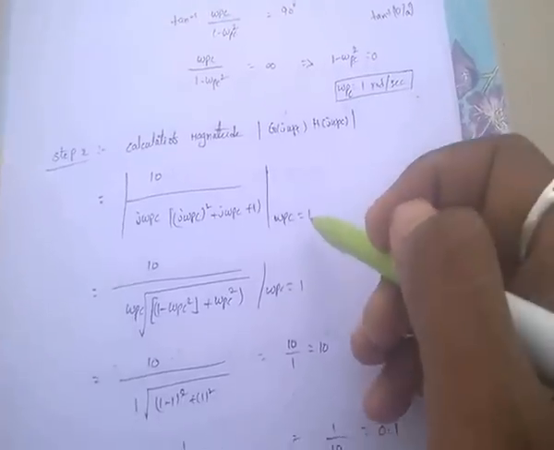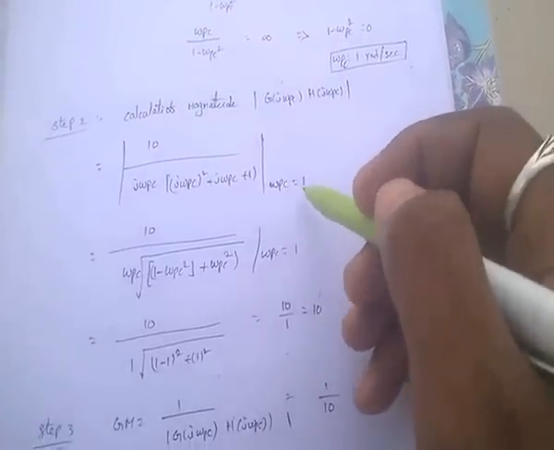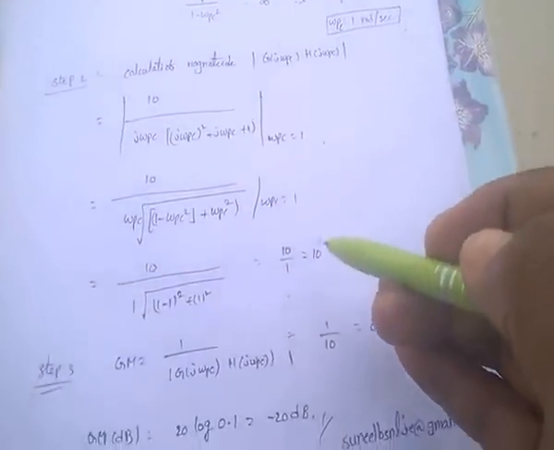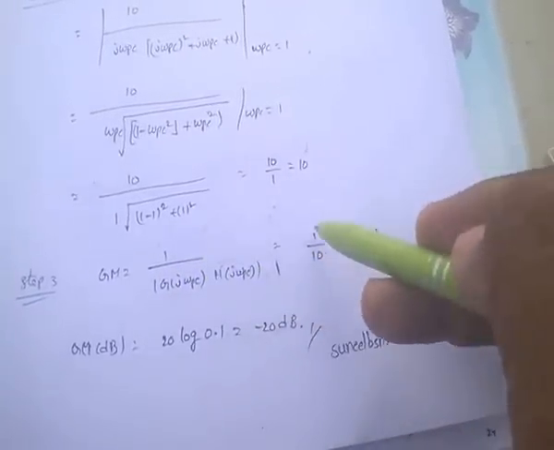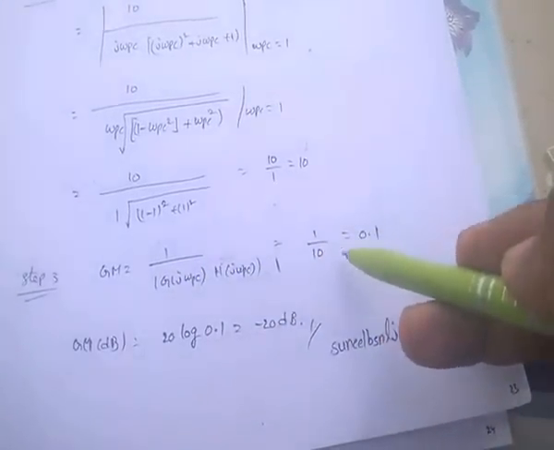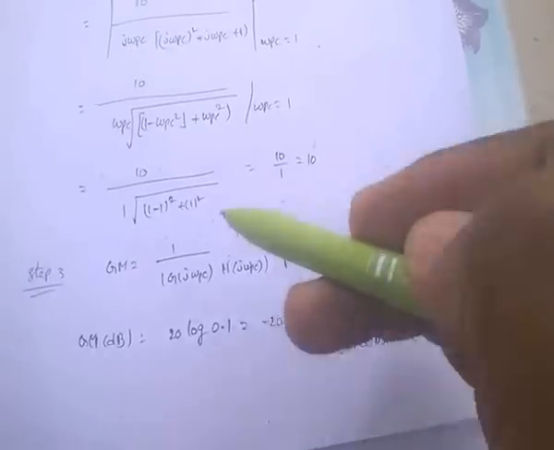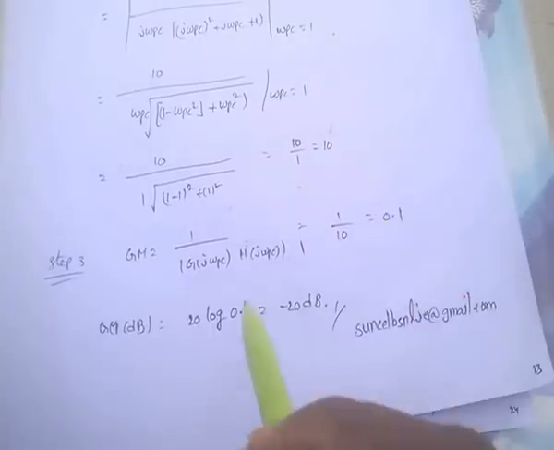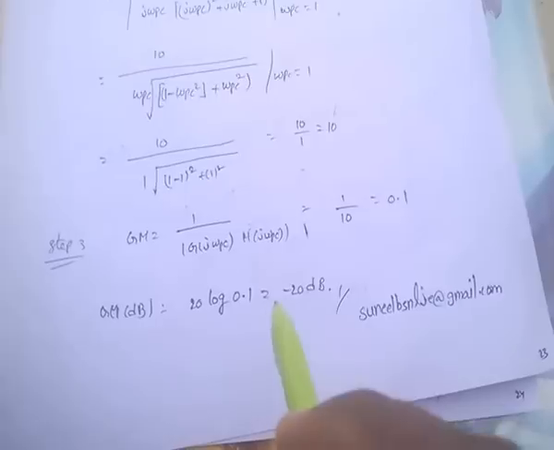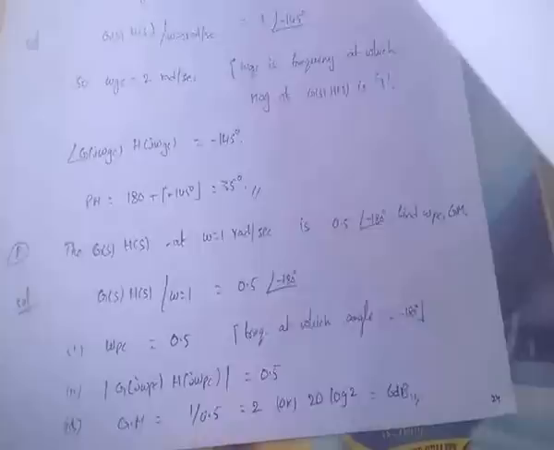Omega PC value is 1. Then find out the value at omega PC equal to 1, we can get 10. And for gain margin equal to 1 by magnitude, 1 by 10, we can get 0.1. In case of dBs, gain margin in dB equal to 20 log of this gain margin value, then we can get minus 20 dB.